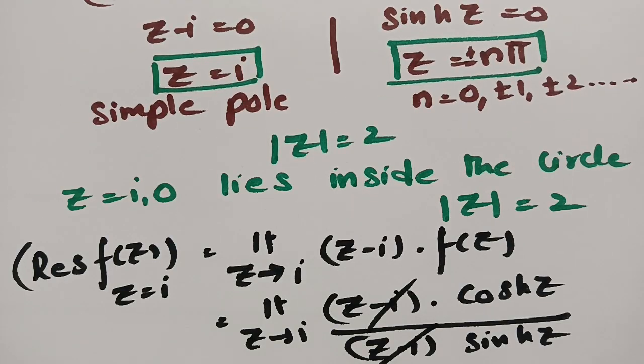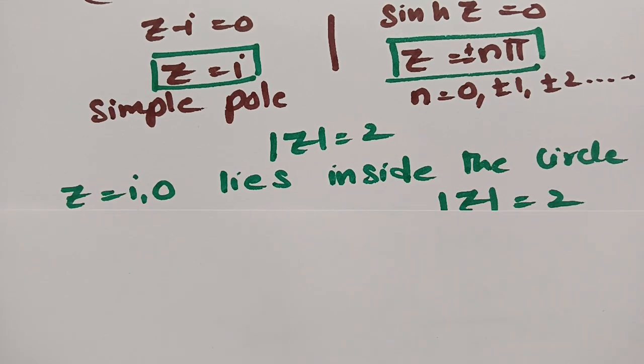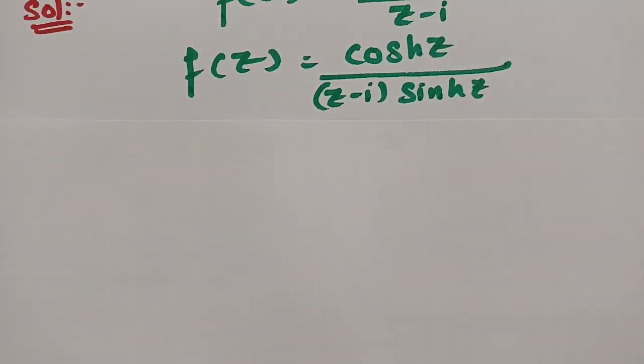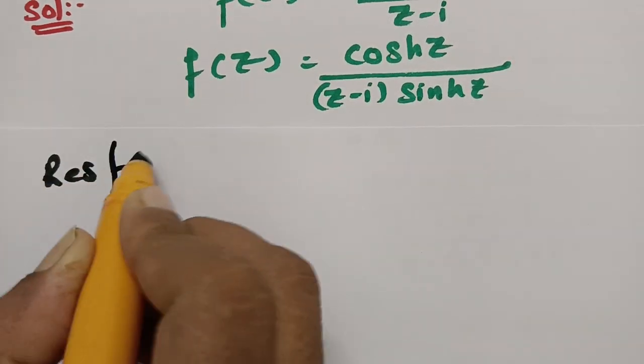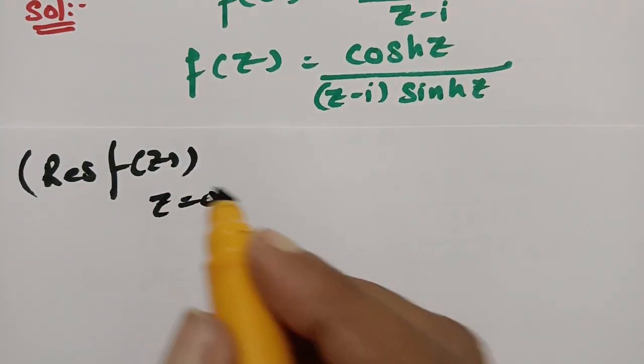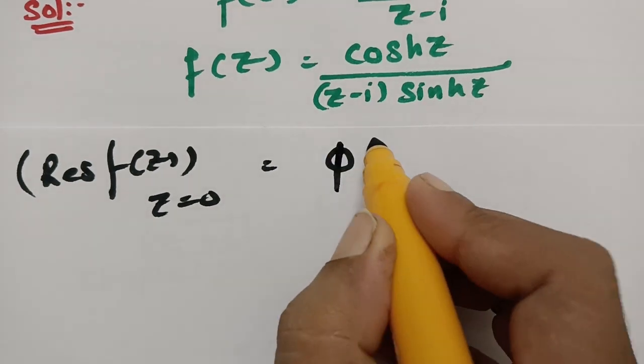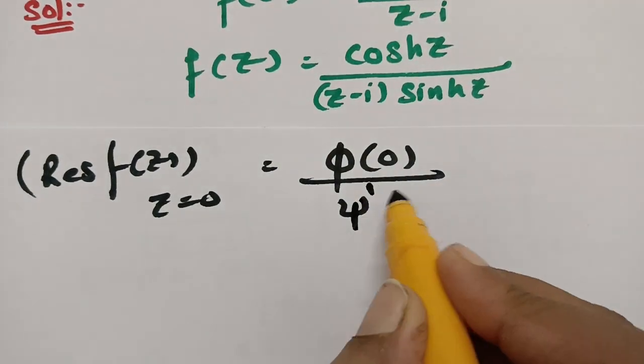And the next thing here is, we have to find the residue at the pole z equal to 0. So in order to find the residue at z equal to 0, clearly see, this is the function, and now the residue of f(z) at the point z equal to 0 is nothing but phi(0) by psi dash of 0.